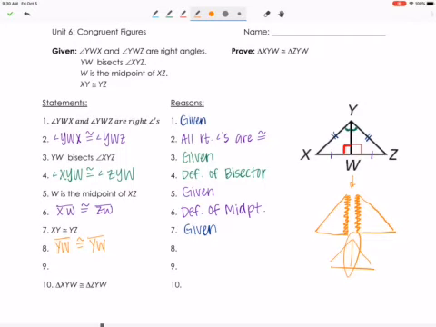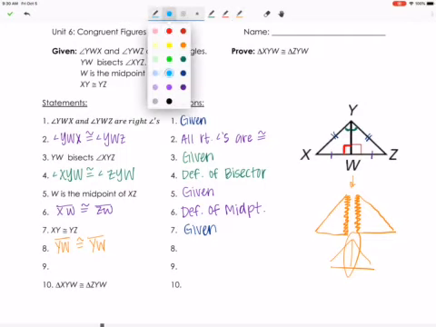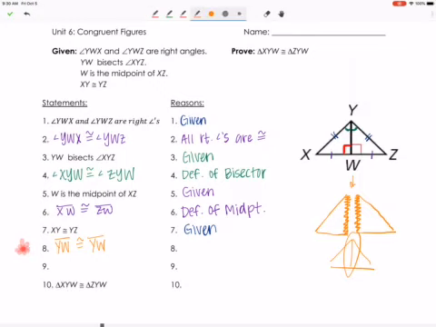And your reason, anytime, so you might even want to highlight this one to the side. Anytime you talk about how something is the same as itself, so like an angle is the same as itself or a side is the same as itself, your property is called the reflexive property.